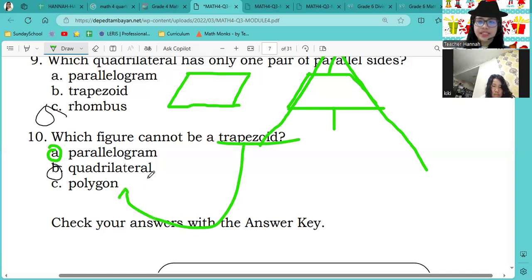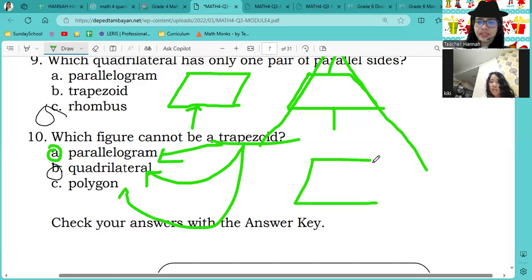Remember, shapes with many sides. A trapezoid is also a quadrilateral because it has 4 sides. But a trapezoid is not a parallelogram, because a parallelogram is like this. A trapezoid looks like this. They are not the same. Right, Michaela?